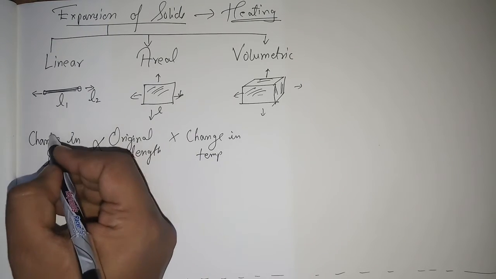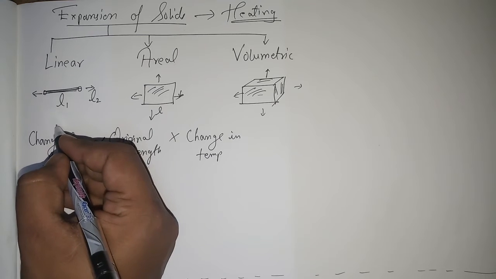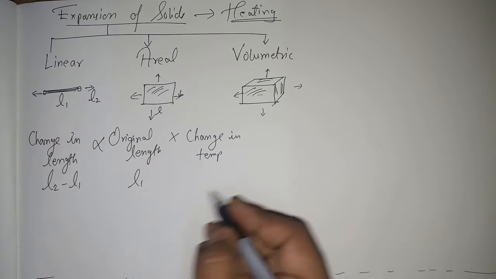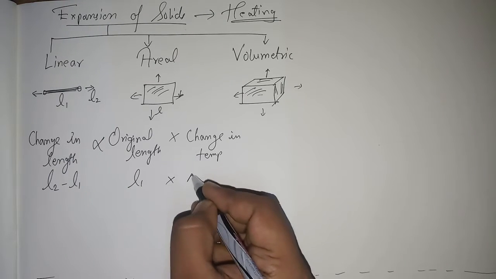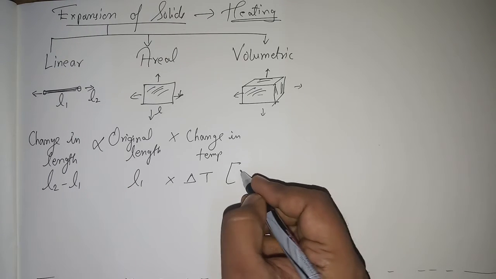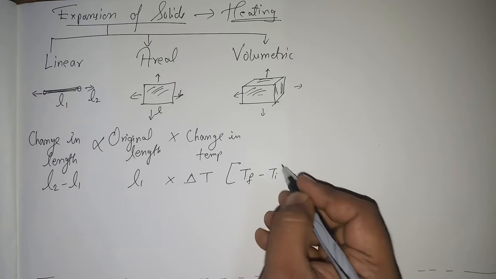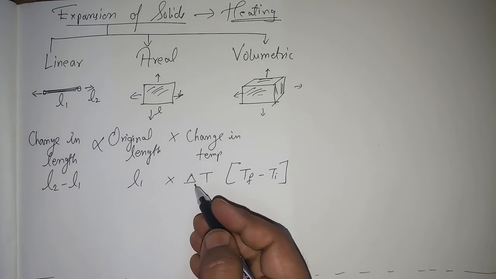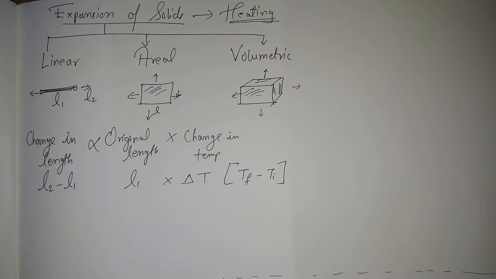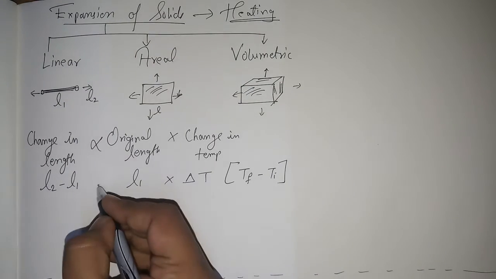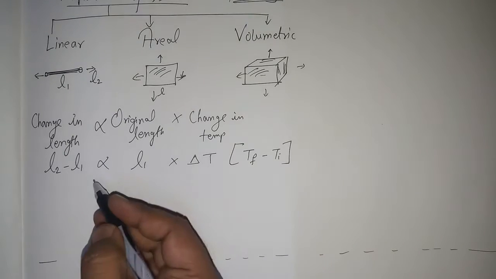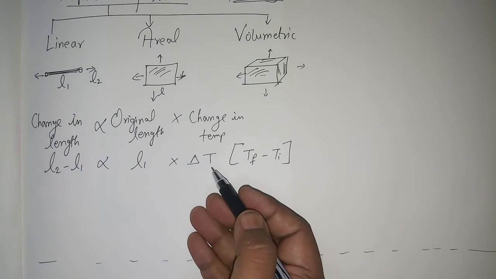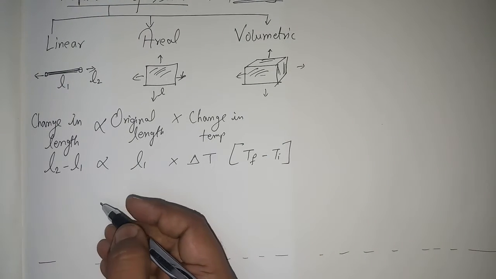Let the earlier temperature be T1 and the next be T2. So the change in temperature is T2 minus T1, or delta T, final temperature minus initial temperature. We have talked about this in our earlier video. So L2 minus L1 is directly proportional to L1 into delta T.